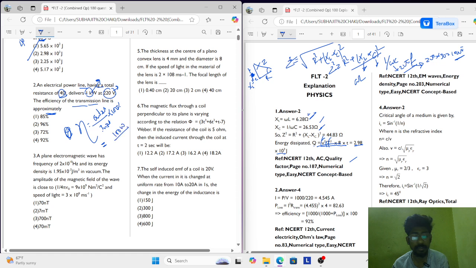And how to calculate input? Voltage is given and R is given, so the input power is V square by R. V is equal to 220 into 220, divided by R, which is 4.